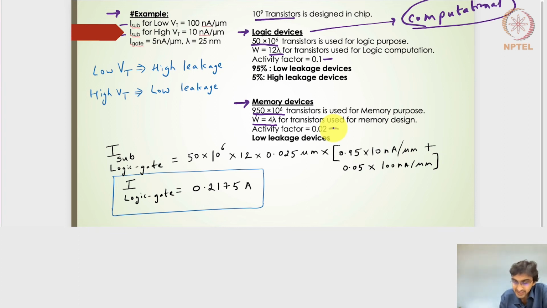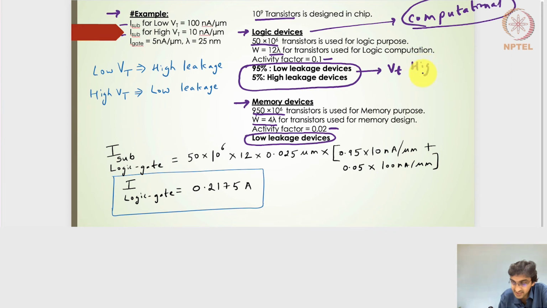Another piece of data given is that in the memory devices, all of them are low leakage devices, so in fact low leakage current devices. And in the logic devices, 95% of the transistors are low leakage devices. Low leakage means low leakage current devices. That means the design has used a higher VT cell.